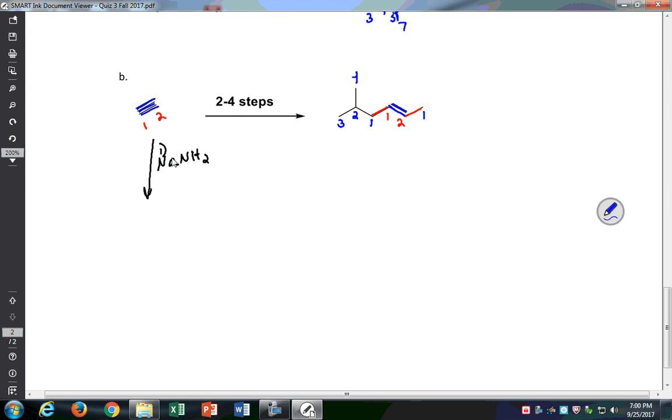So then I can throw in my alkyl halide, where my chlorine is going to be on carbon 1. Or iodine or bromine. So that'll form a new bond between red carbon 1 and my blue carbon 1.